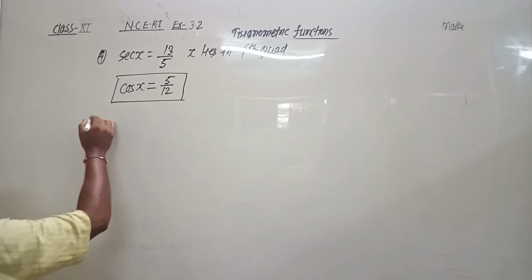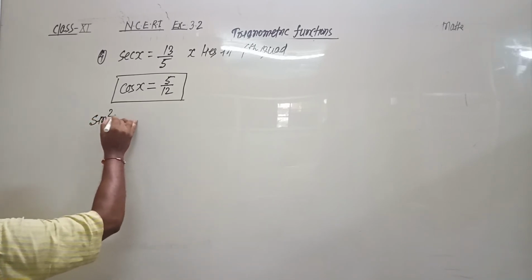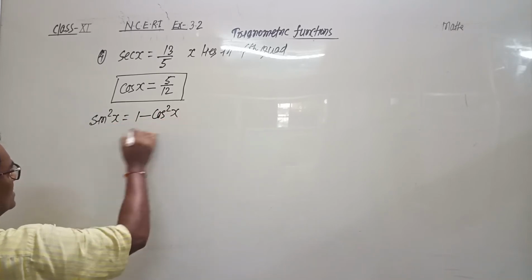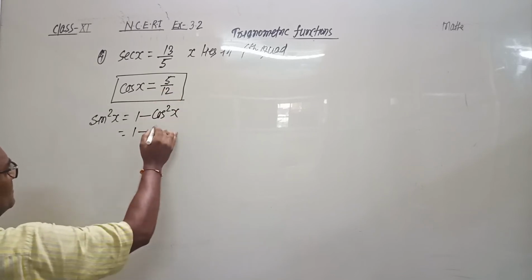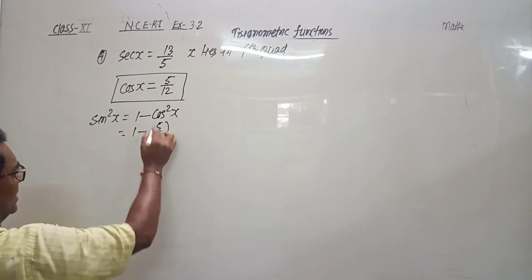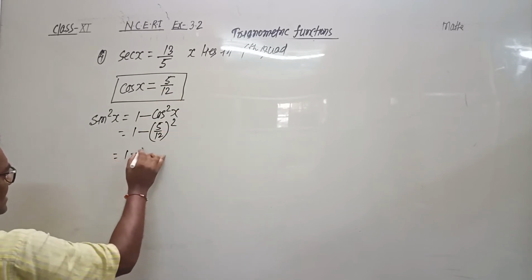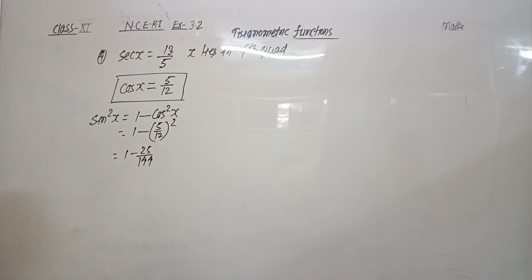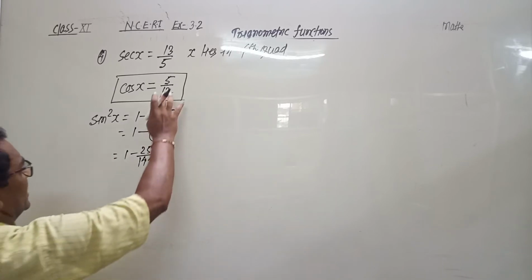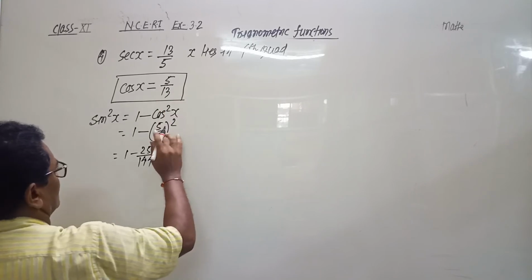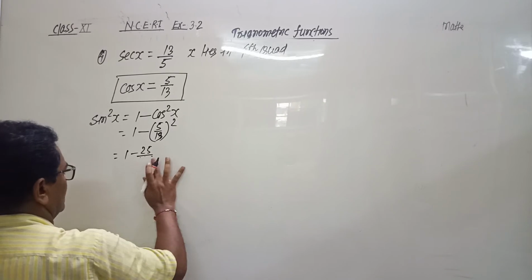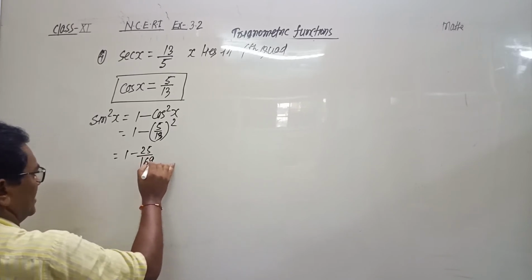Then we find the value of sin x and we use the formula sin square x equals 1 minus cos square x, 1 minus 5/13 the whole square, which is 1 minus 25/169.